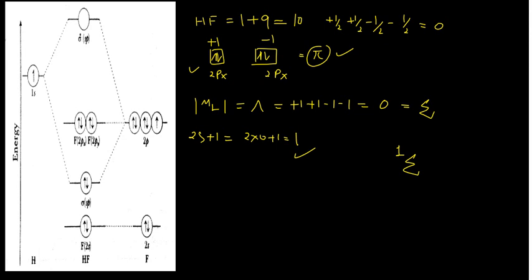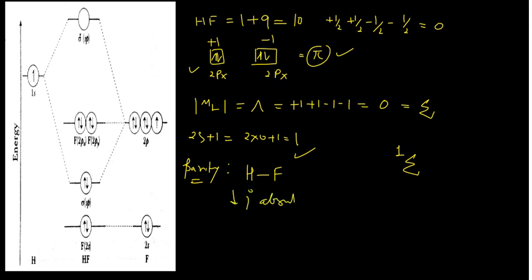Now if you want to know the parity, determination of parity means the center of symmetry. You see these pi orbitals, they haven't shown G or U here. Why haven't they shown G and U here? Since it is a heteronuclear diatomic molecule, the inversion center is absent.